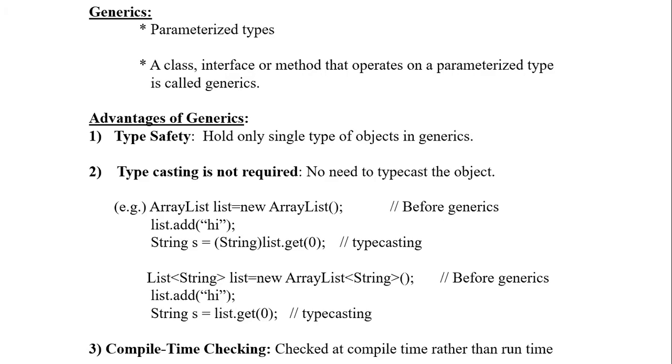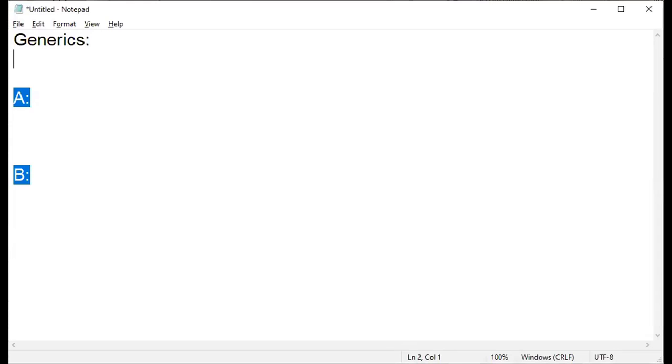With respect to our example, we have taken ArrayList. ArrayList is nothing but a class. For ArrayList, we have specified that this ArrayList should contain only string values. In our example program, we have written ArrayList of String. That means now this ArrayList should accept only string values.